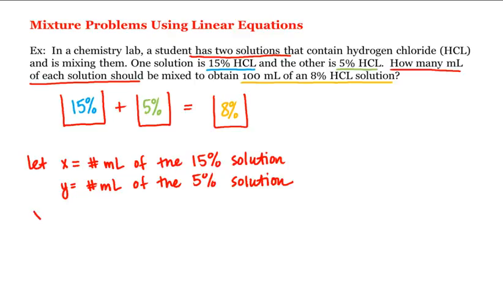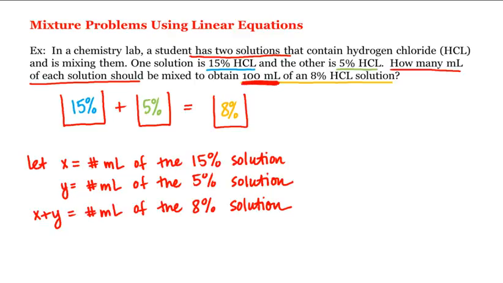And therefore, X plus Y will equal the number of milliliters of the 8% solution. However, looking back up here in our problem, we know how many milliliters that has to be.